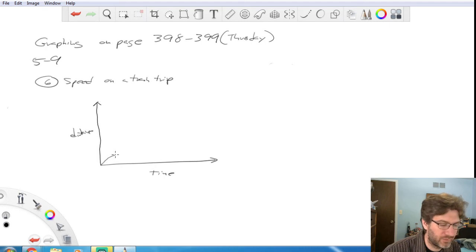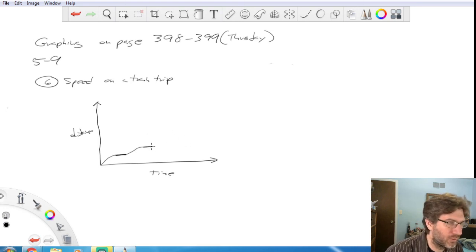However, you're then going to probably come to a stop at some point for the next station. So you're going to level off and you're going to be flat. Then you're probably going to pick up speed again and maybe go to another stop and level off. But then that might be your destination.